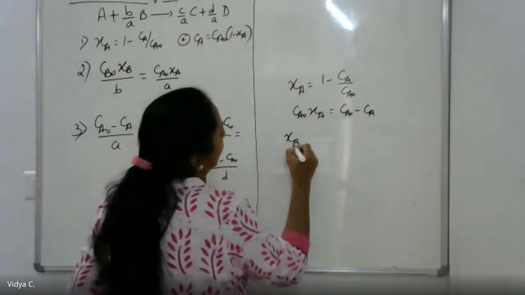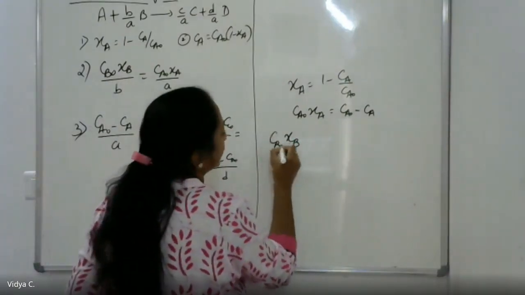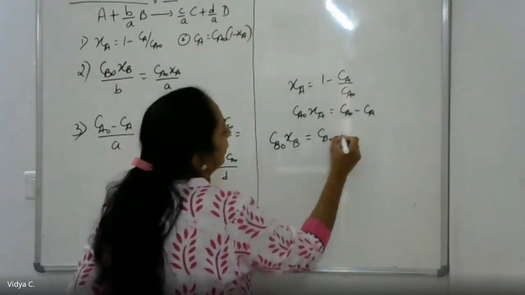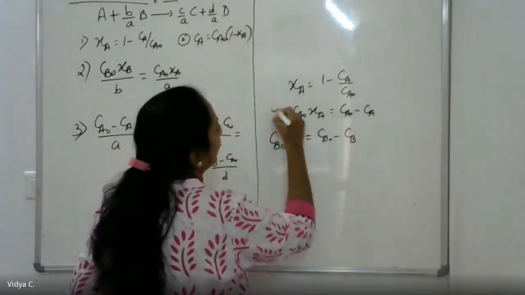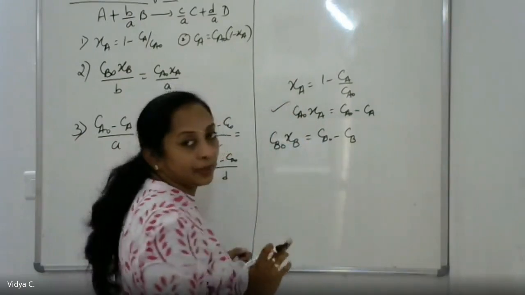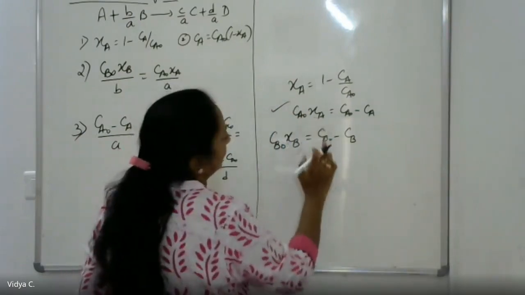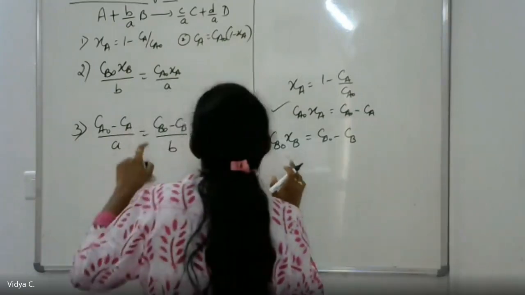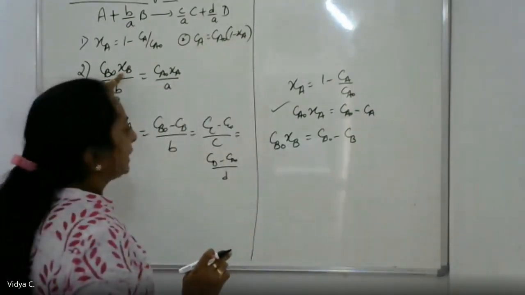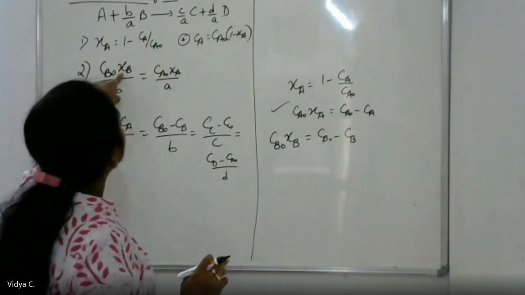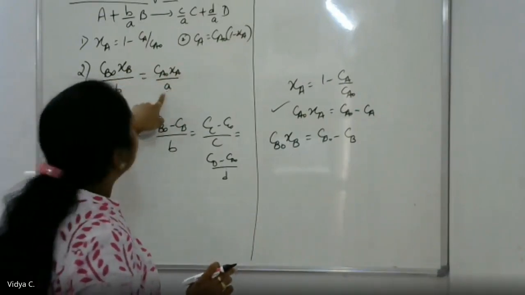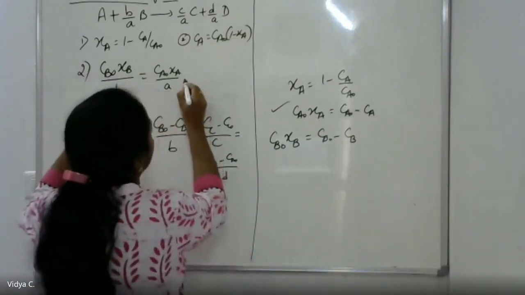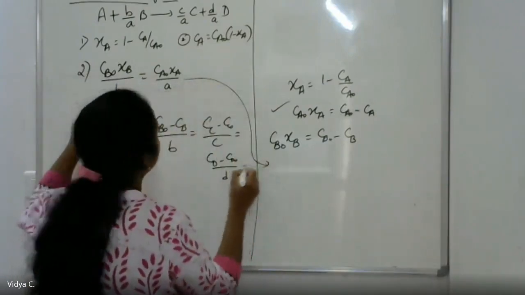I'll come to XB. In the same way, CB naught into XB can be written as CB naught minus CB. But what is actually CB naught into XB? CB naught into XB can be written as B by A into CA naught XA. Correct. So now I'll just substitute for CB naught from this.